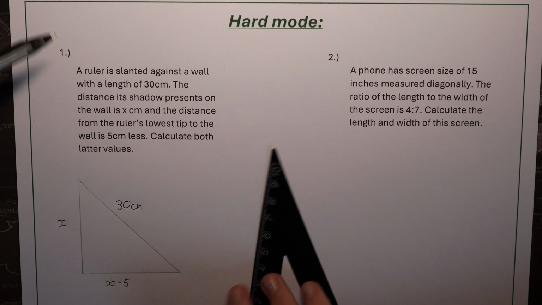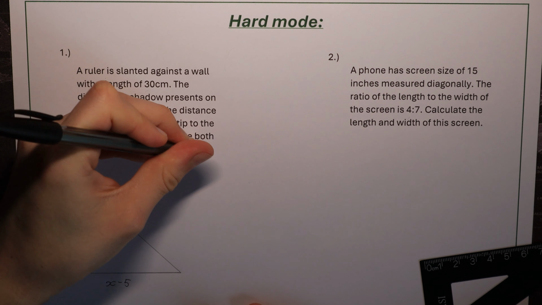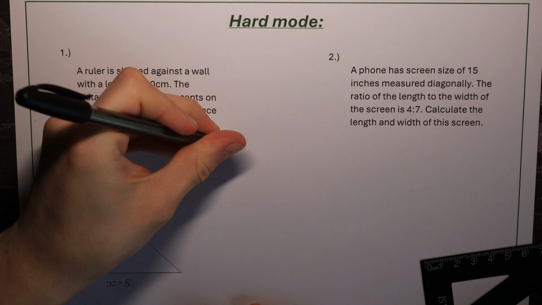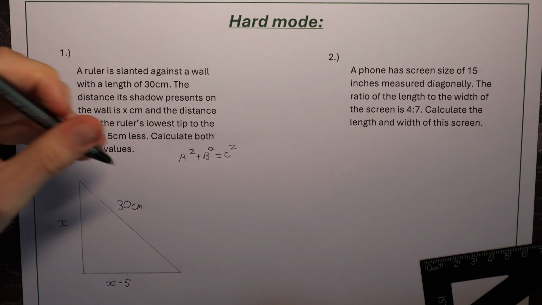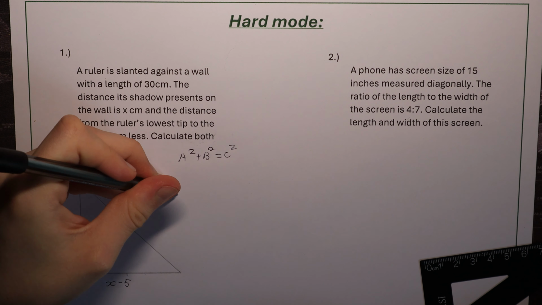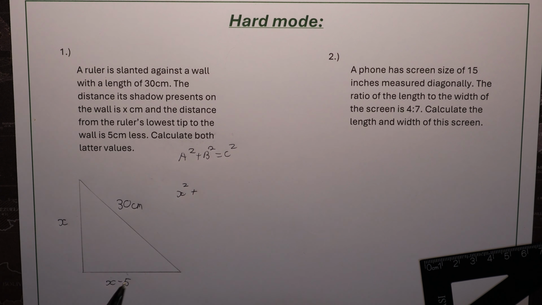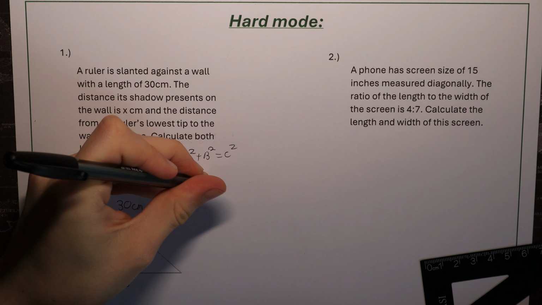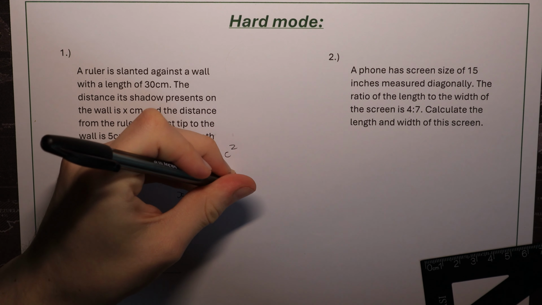So let's calculate this. Using Pythagoras' theorem, we know that a squared plus b squared is in fact c squared, as we know from the 2 previous difficulties. Now we need to substitute these variables as if they were values into this equation. So a squared becomes x squared, plus x minus 5 squared, equals 30 squared.